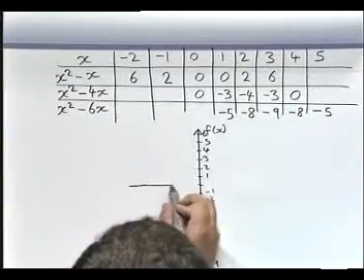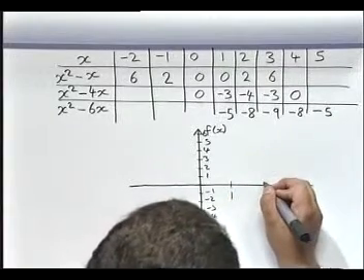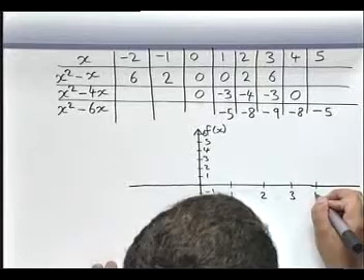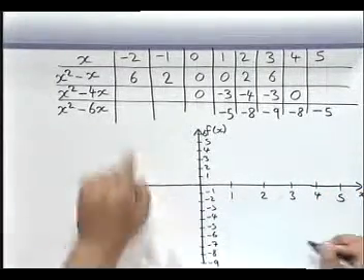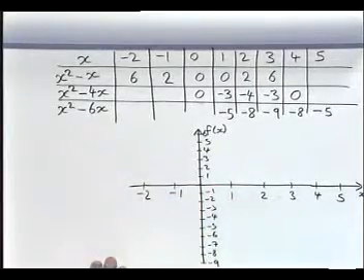And on our horizontal axis, we've got 1, 2, 3, 4, and 5. That's obviously our x-axis. And we go right down to minus 2. So minus 1, minus 2.